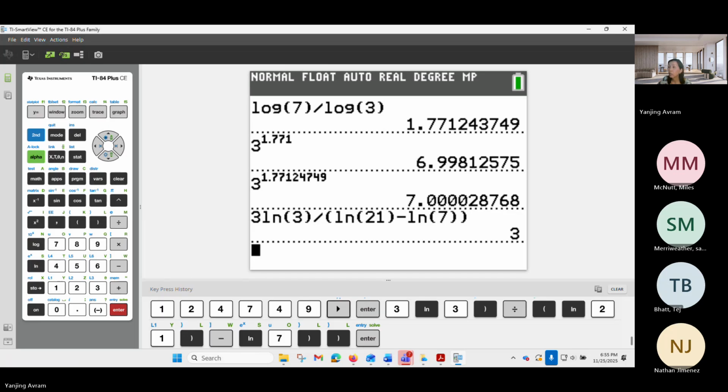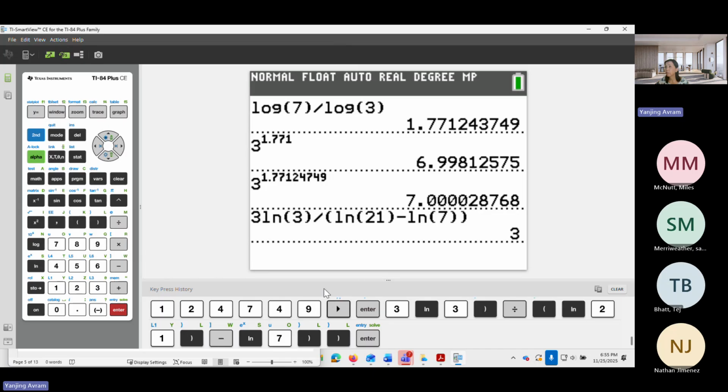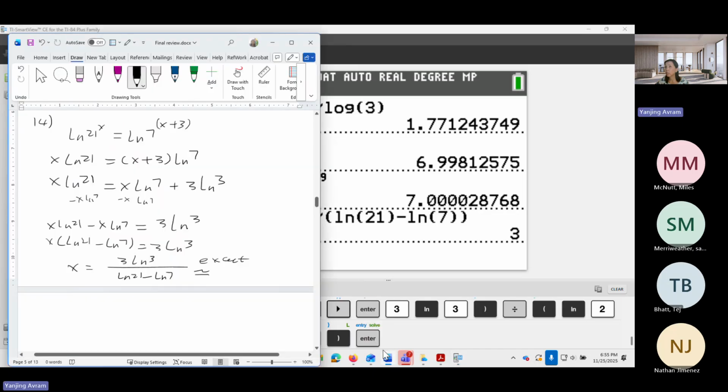Let's see what question this is. Number 14. Okay, let's see if you got it right or not. ln of x, ln 21, x minus x ln 7. Oh, my mistake here. Look at it.